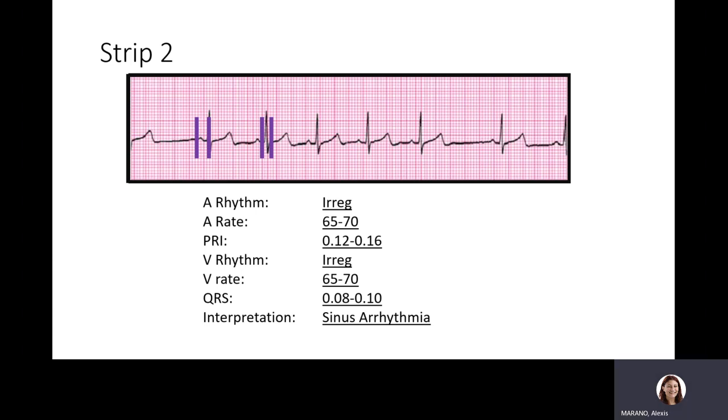Your PR interval is measuring 0.12 to 0.16. Your ventricular rhythm is also irregular, so you'll calculate your rate with the same method and get the same answer as your atrial rate. Your QRS measures 0.08 to 0.10. So here we have sinus arrhythmia.